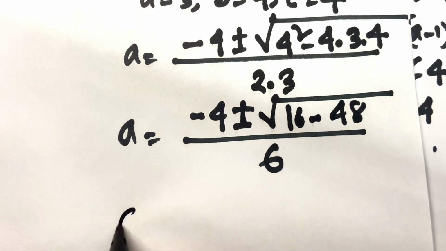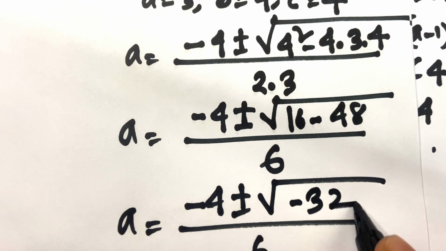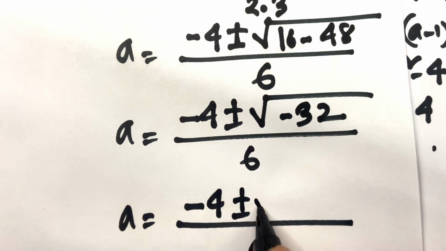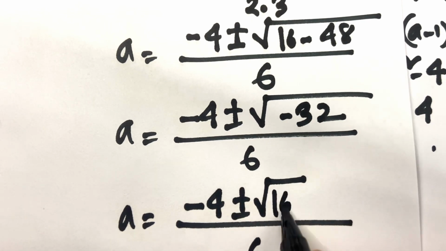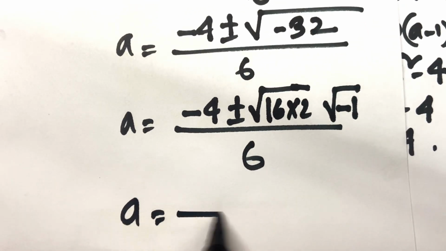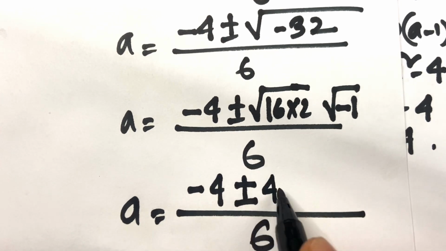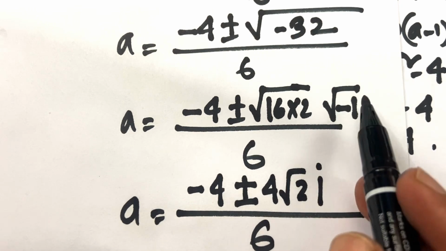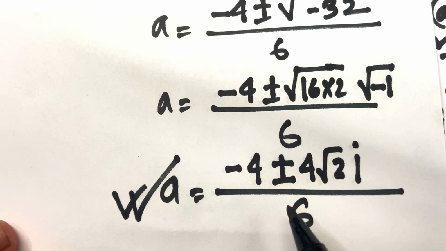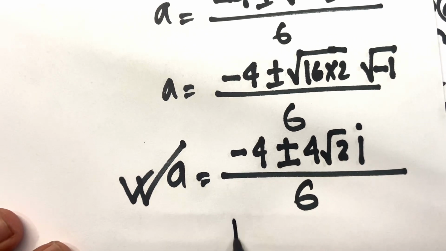So we find the value of a is equal to minus 4 plus or minus the square root of minus 32, over 6. Now a is equal to minus 4 plus or minus the square root of 16 times 2 times the square root of minus 1, over 6. So a is equal to minus 4 plus or minus 4 root 2 i, over 6. You know that the square root of minus 1 is equal to i. So this is our a value, but it is a complex, imaginary number, so I can't follow this value; it is rejected.